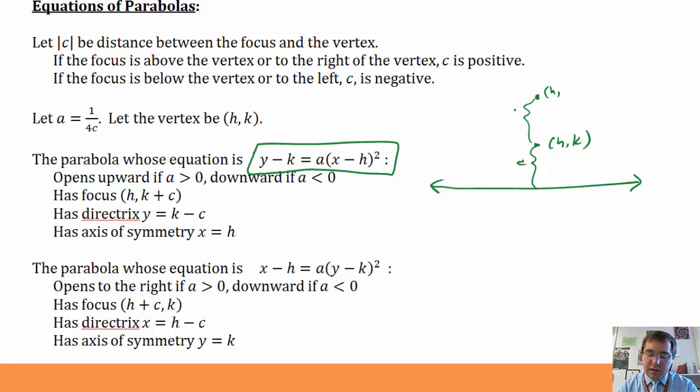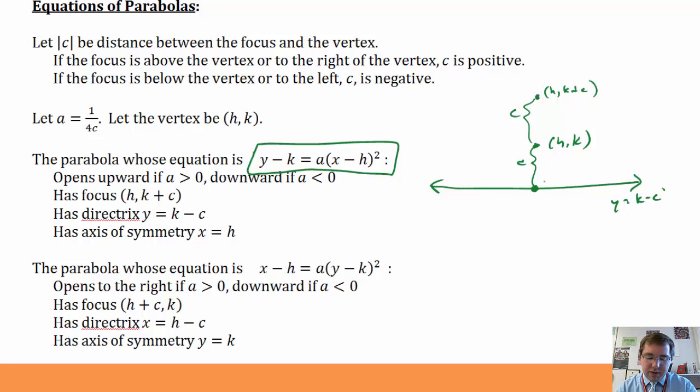So if that is c, then this is c. So it's k plus c. So this is all logical, and the directrix then would be the horizontal line at y equals k minus c. Because I know the y-coordinate of the vertex, so if I go down c, I'll have the y-coordinate of this point here, which will define that horizontal line.